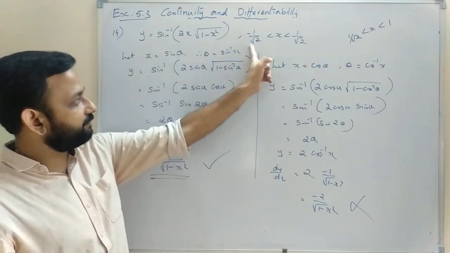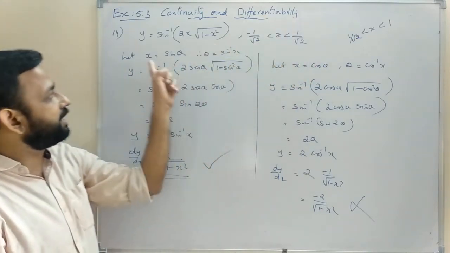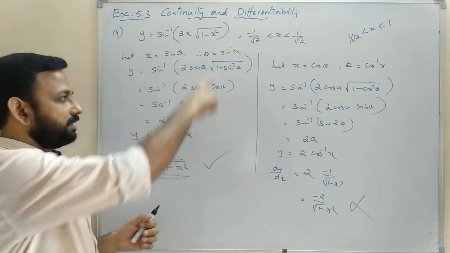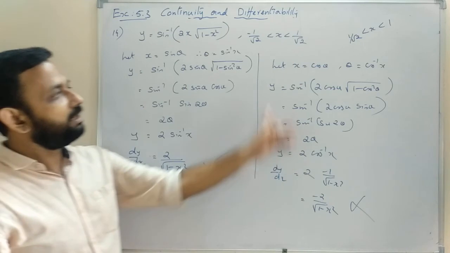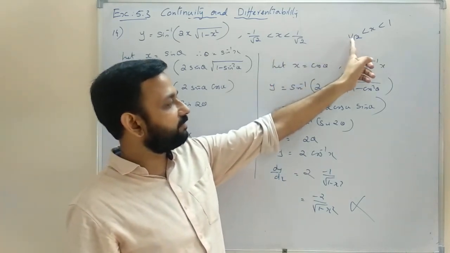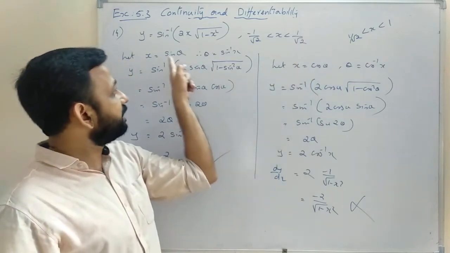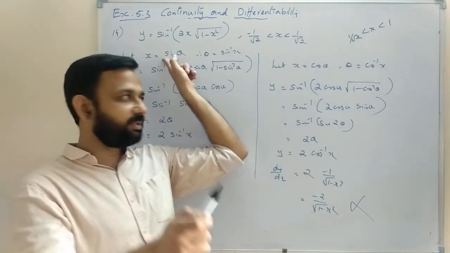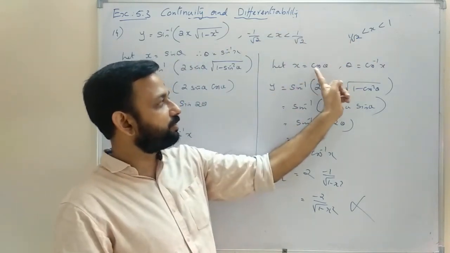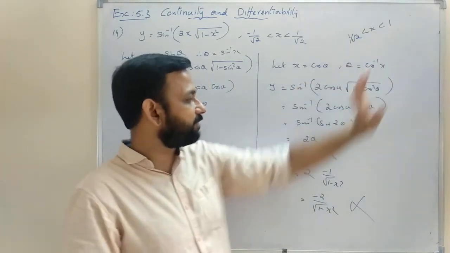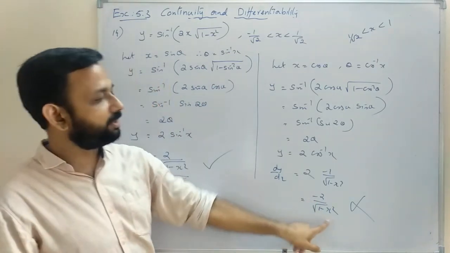So in this interval, the substitution will be x is equal to sin theta, because we already verified that we are getting the principal value branch. But if the interval is 1 by root 2 less than x less than 1, then if you take the substitution sin theta, it will be wrong. In that case, the substitution should be cos theta. If the interval is 1 by root 2 less than x less than 1, the answer will be minus 2 upon under root 1 minus x square.